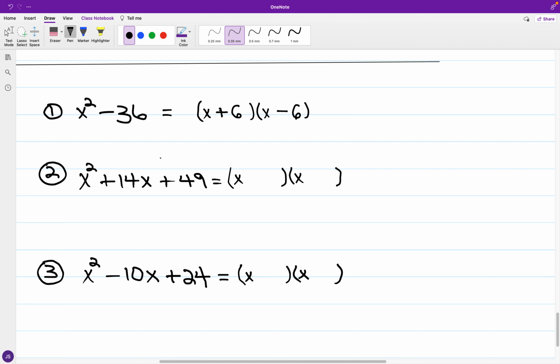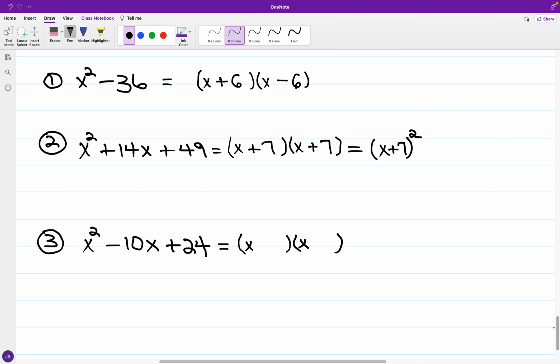And guess what? 7 times 7 is 49, and 7 plus 7 is going to be 14. So here we're going to have the quantity x plus 7 times itself, and since we have a repeat of this factor, x squared plus 14x plus 49 is another case of what we have with a square trinomial.